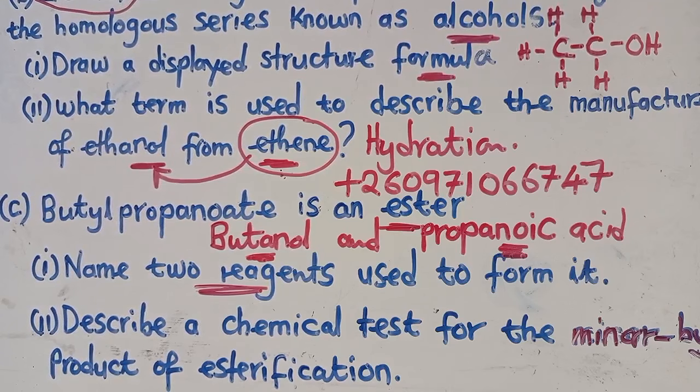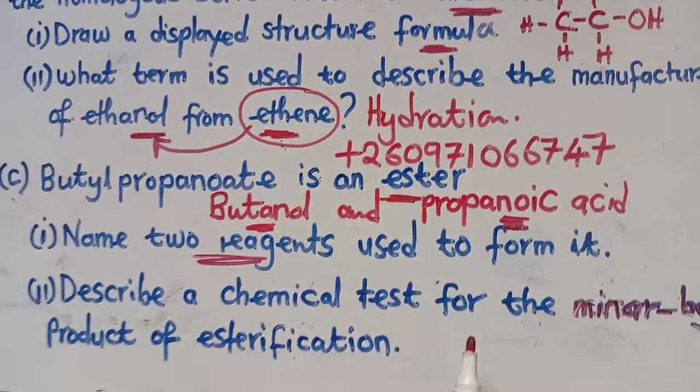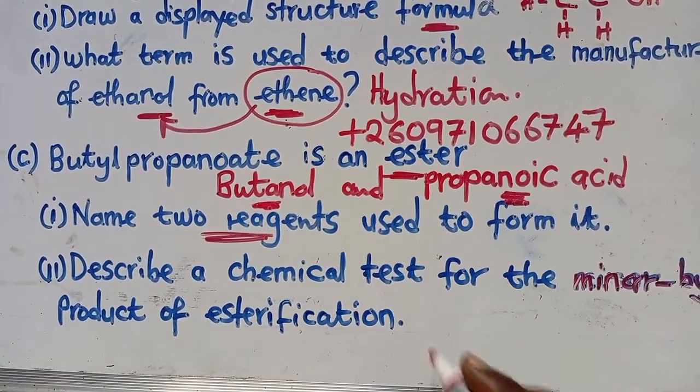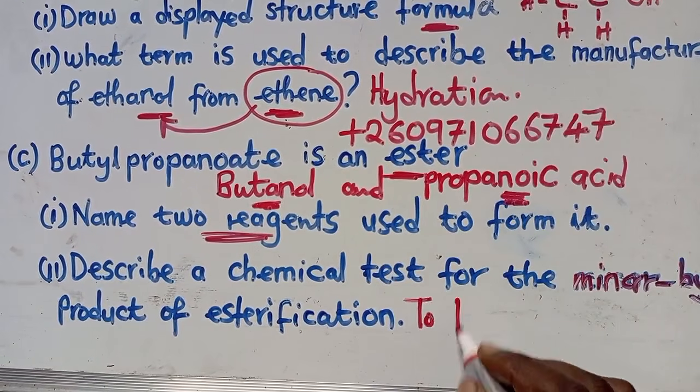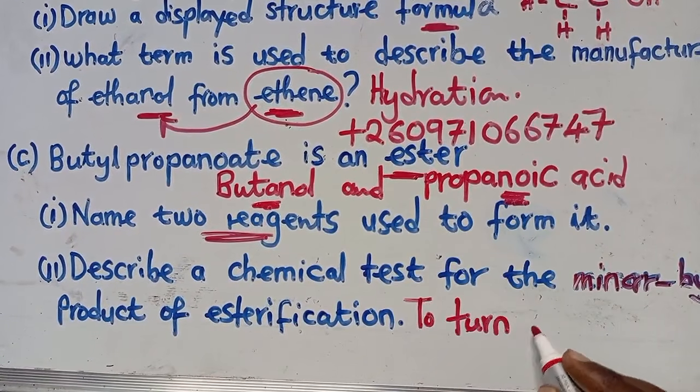Which is water. So what is the identity test for water? You need to understand that one. I'm going to write it here so that you are able to follow clearly and attentively.